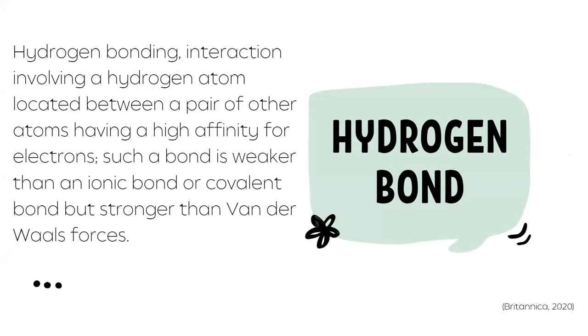When we say van der Waals, these are weak electrostatic forces that attract neutral molecules to one another. And electrostatic force exists between electrically charged particles or objects at rest.